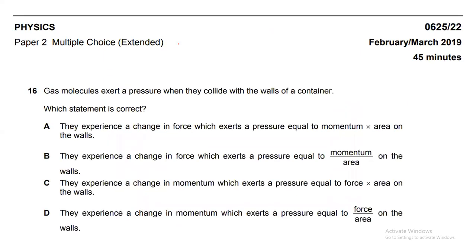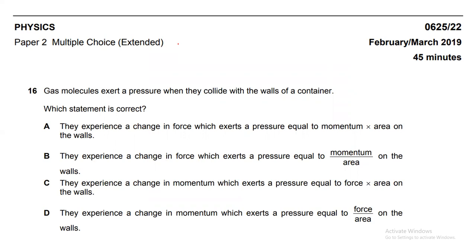Okay. Then we have February-March 2019 paper 2 question number 16. Gas molecules exert a pressure when they collide with the walls of a container. Which statement is correct? A: they experience a change in force which exerts a pressure equal to momentum multiplied by area on the walls.